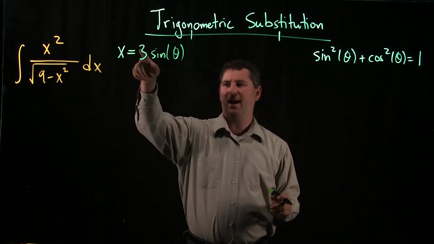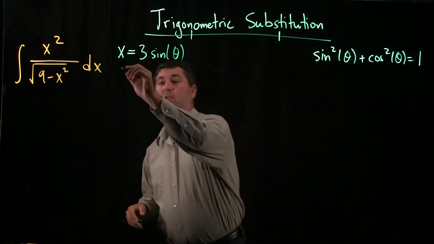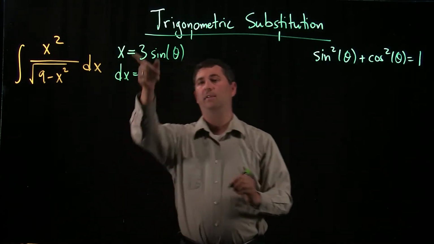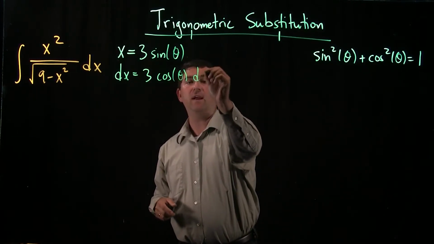If I have x equals 3 sine theta, when I do a substitution, I better figure out my dx. dx is, I need the derivative. That'll be 3 cosine of theta d theta.